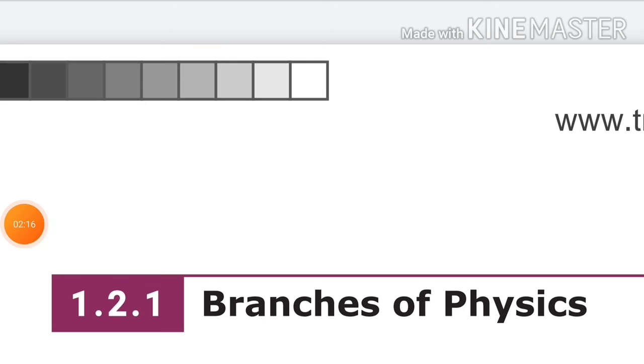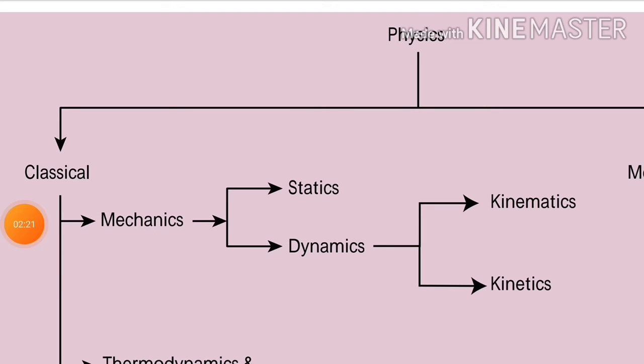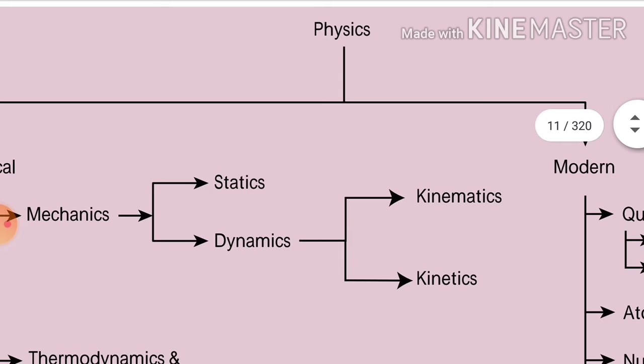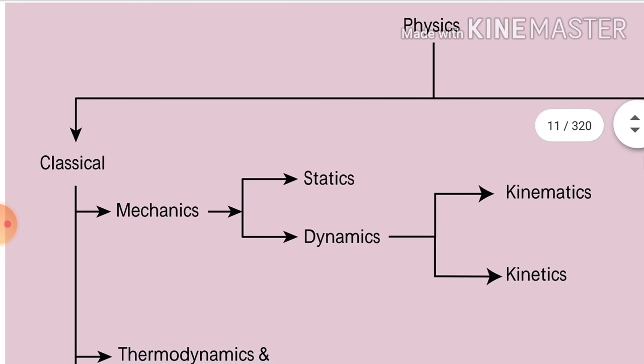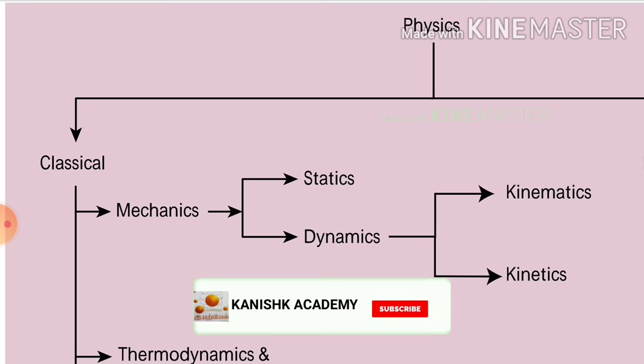Let's see the next topic, branches of physics. Physics is classified into two branches. One is classical physics and another one is modern physics. The branches of classical physics are mechanics. Mechanics is classified into two categories. One is statics and another one is dynamics.